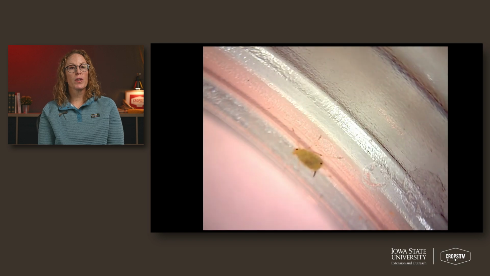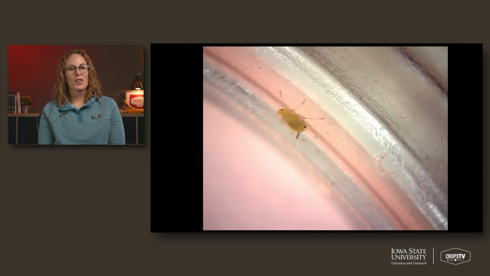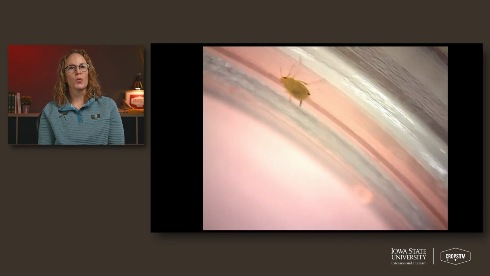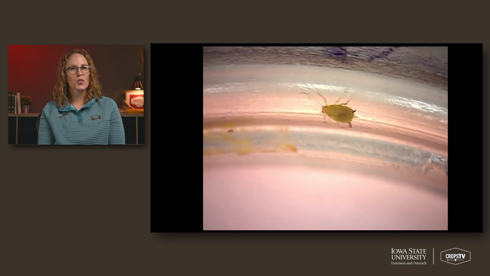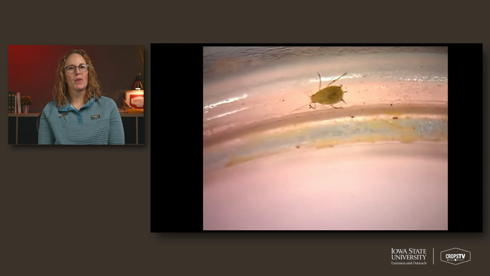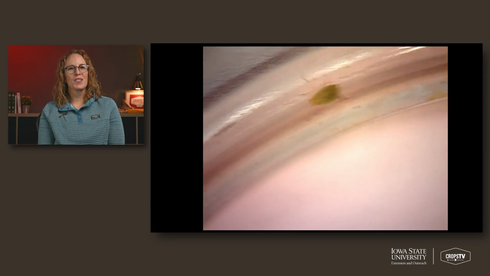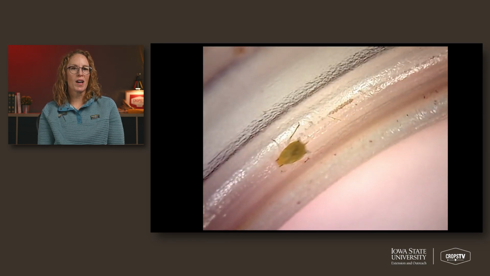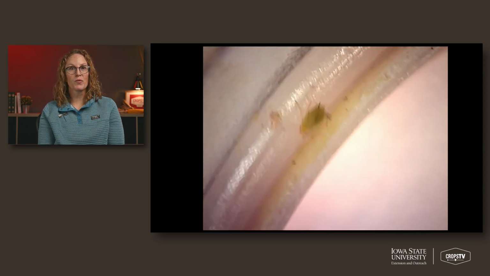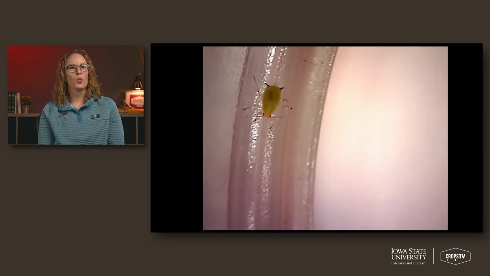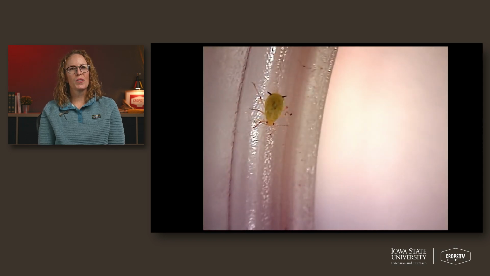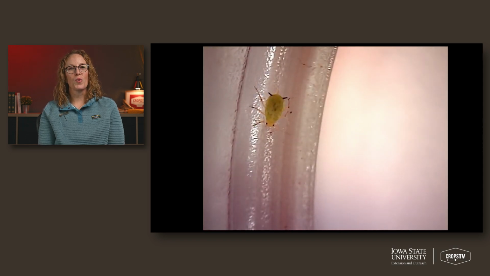So I have some video here that shows the exposure over time to soybean aphid with pyrethroids. This is a healthy looking soybean aphid in a petri dish under a microscope. She's fairly active as she's walking around. She's not tapped into food, and so she's looking for food by walking. She's using her antennae to sense the world around her, and she can get along pretty good when she wants to.